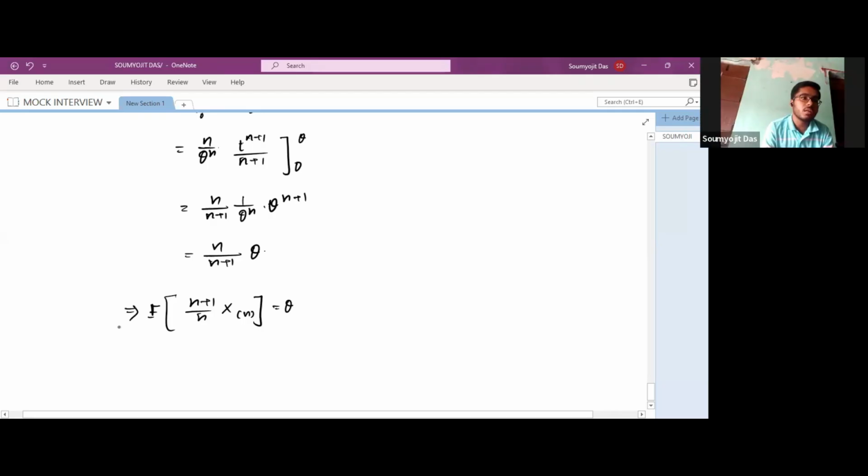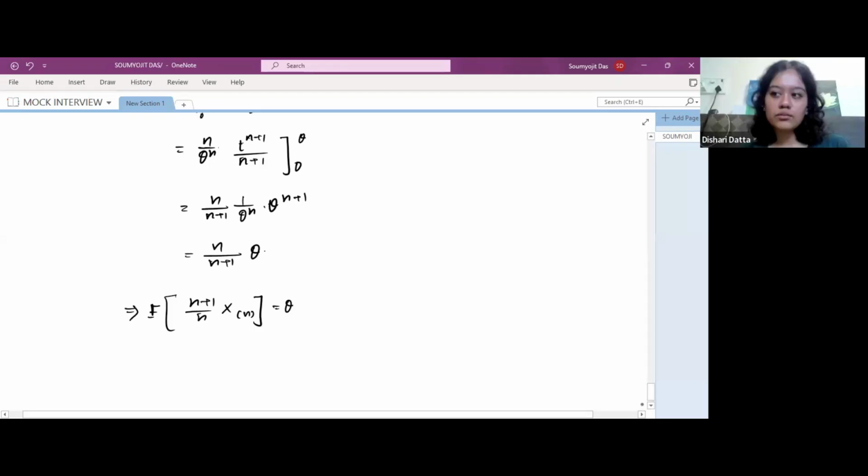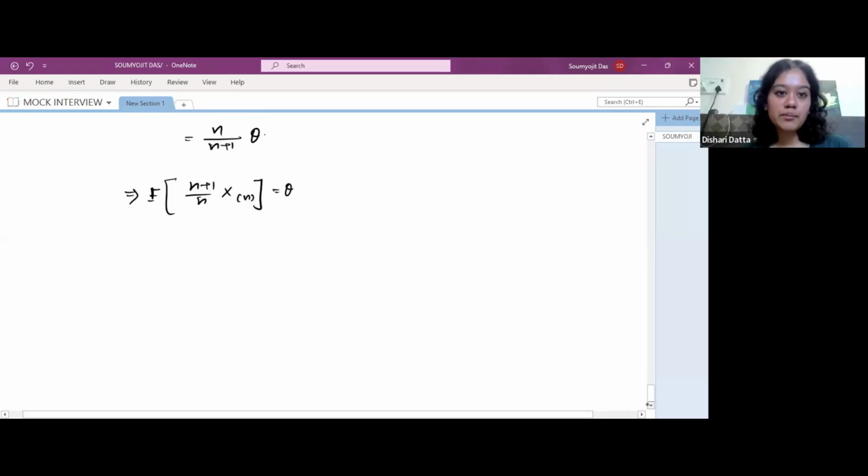Yes, ma'am. As here T is complete sufficient, in the case of a complete sufficient statistic, I think the Rao-Blackwell theorem and the Lehmann-Scheffé theorem will give the same UMVUE. But if T is not complete, then we have to check. So we are using two different methods to get the same MVUE.